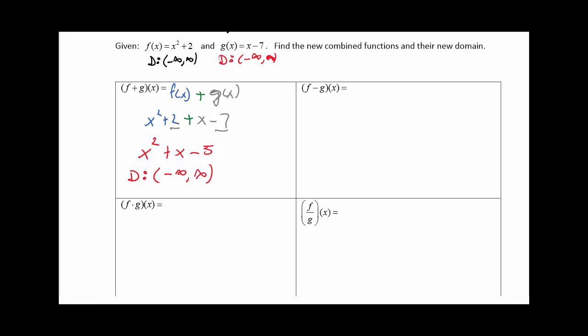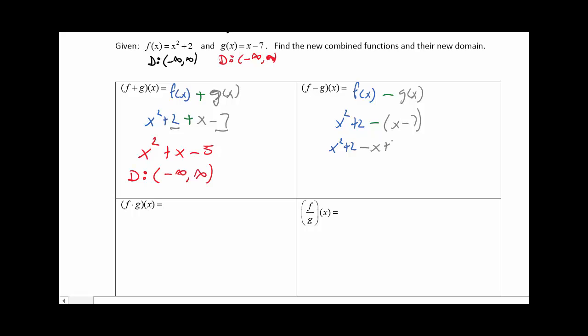Okay, the next example is subtraction. So I want f of x subtract g of x. Okay, and order does matter here, so you do want to make sure you put the right one in front of the other. And it's all of g that gets subtracted, so I'm going to put parentheses around that so I don't forget that it is all of g. Okay, so then because of that negative, I do want to distribute that in.